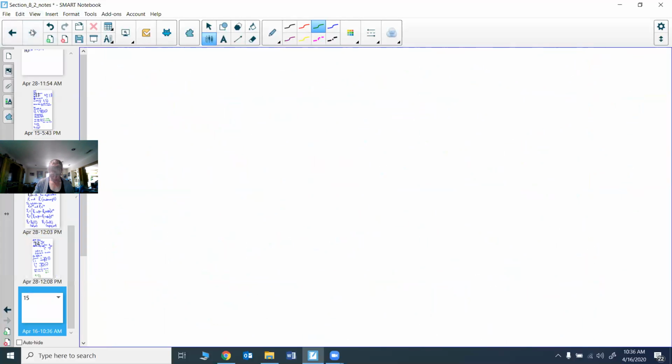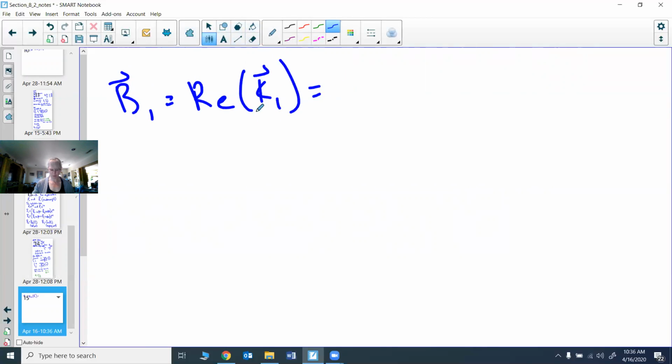So B1 is the real part of your K1. That's what Re means, just the real part. So let's write down K1 again: K1 was 1 and then -i.